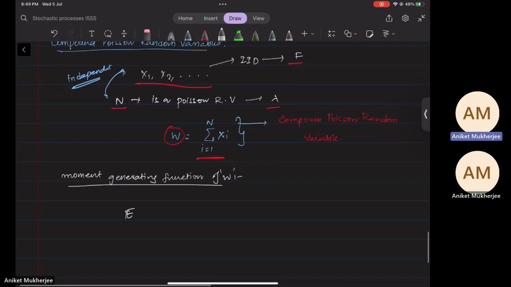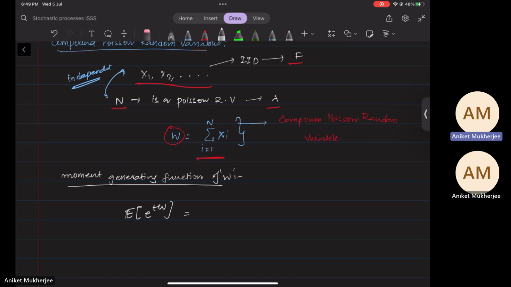So here we have expectation of e power tW. This is the moment generating function of W. To find it, we'll condition on n, because now it is a random sum.